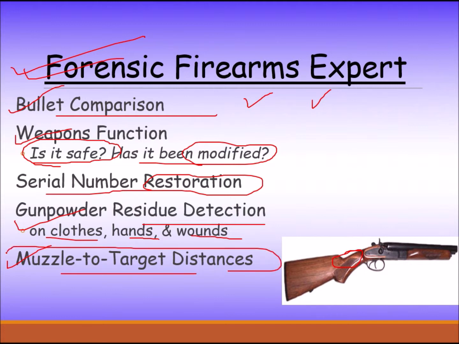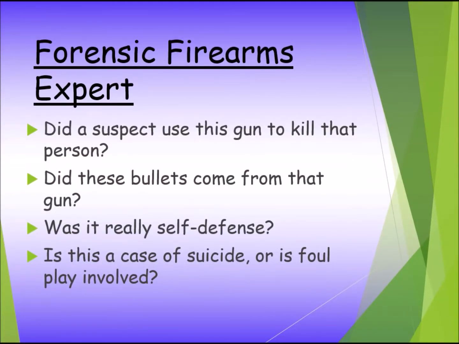This distance is very important because it is going to decide the type of wound on the victim. So one has to decide how much was the distance between muzzle and target. Other roles are: did a suspect use this gun to kill that person?